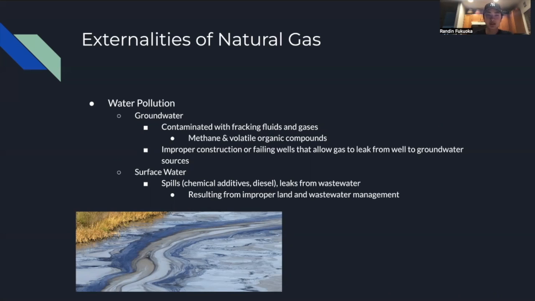So the groundwater gets contaminated because of improper construction or failing wells that allow gas to leak from wells to underground water sources. And for surface waters, these get contaminated due to spills, such as chemical additives or diesel, and also from leaks from wastewater. And these result from improper land and wastewater management.